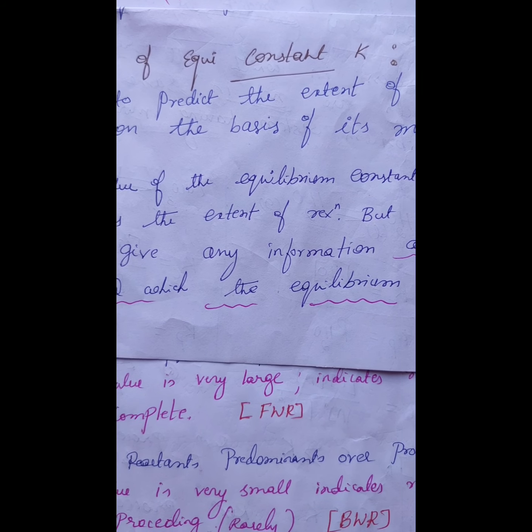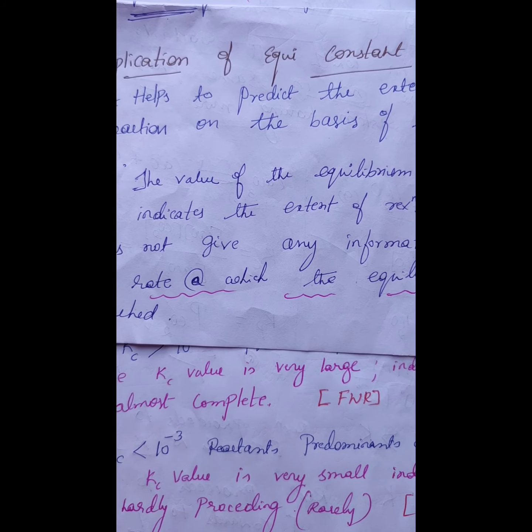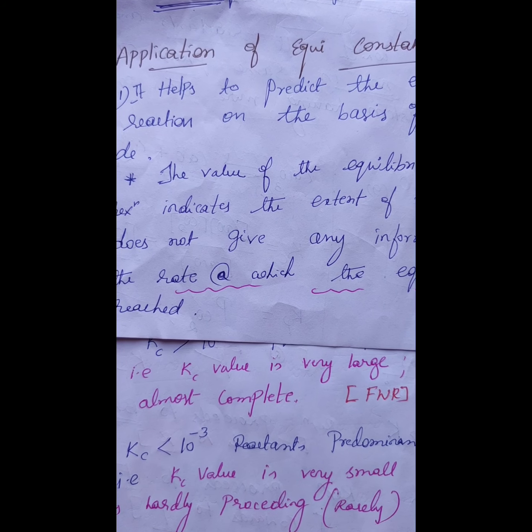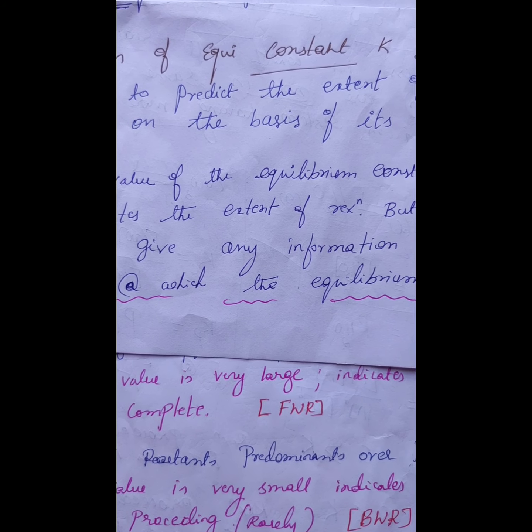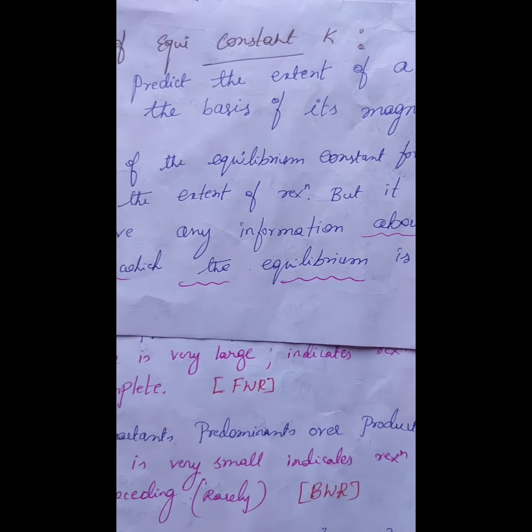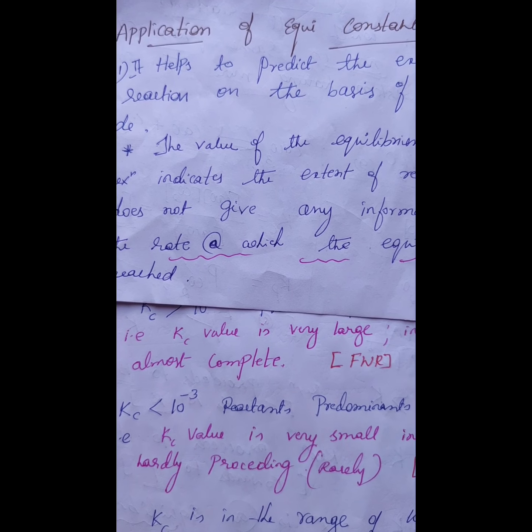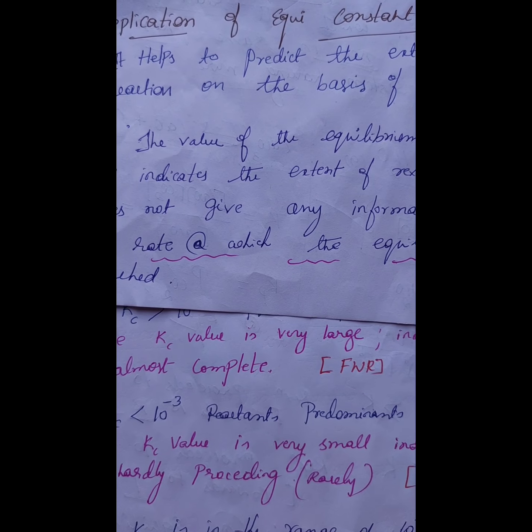So what are the applications? Basically, equilibrium constant K helps us to predict the extent of reaction. Second, it helps to predict the direction of the reaction, and thirdly, it helps to calculate the equilibrium concentration.